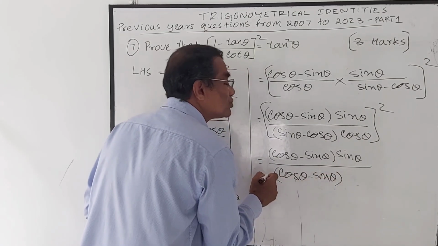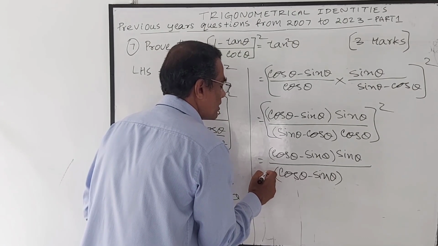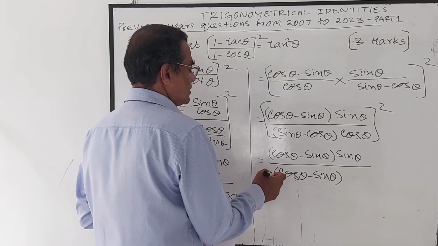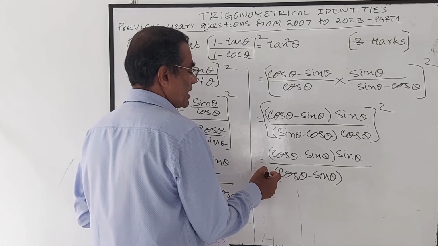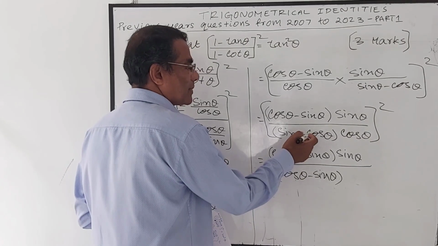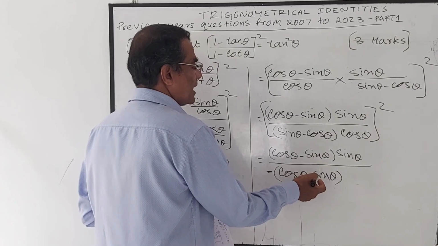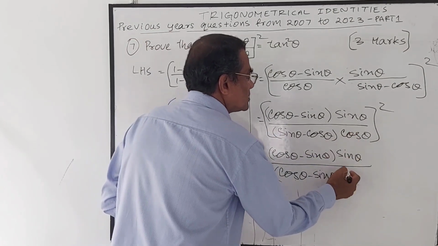by taking a minus 1 outside, minus 1. So if you multiply cos theta by this minus 1, minus 1 into cos theta will become minus cos theta, minus 1 into minus sin theta will become positive sin theta. The denominator there is cos theta here.